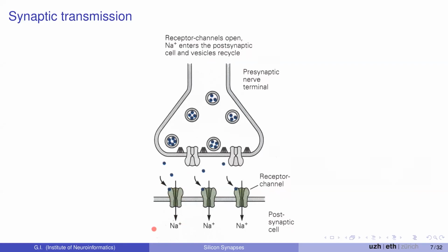And so the current that is being produced changes with the number of protein channels of these receptors. And we can change the speed at which they open and the number of these channels. So the number of channels that open is somewhat related to the synaptic weight, and the speed is related more to the dynamics.